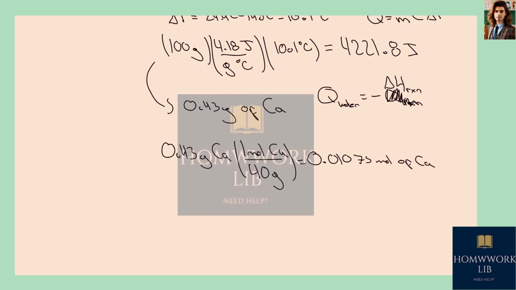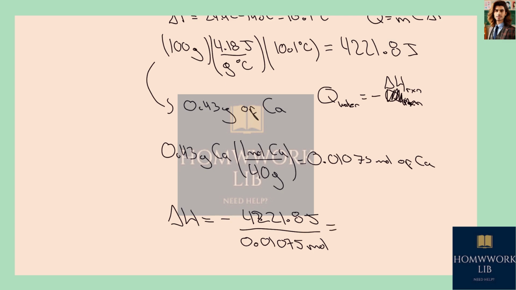We know that the delta H for the full reaction is going to be equal to minus 4,221.8 joules. So for the specific one, we simply need to divide this value by n, the amount of moles of reaction that we had.